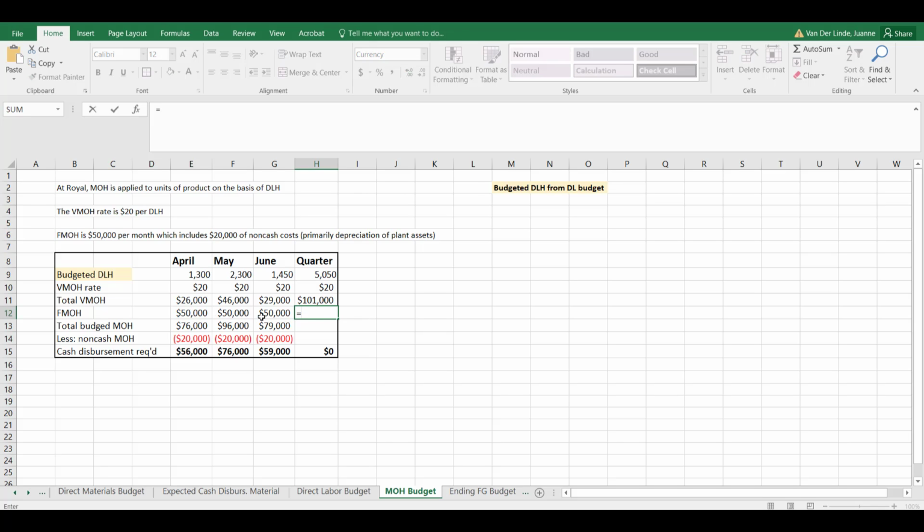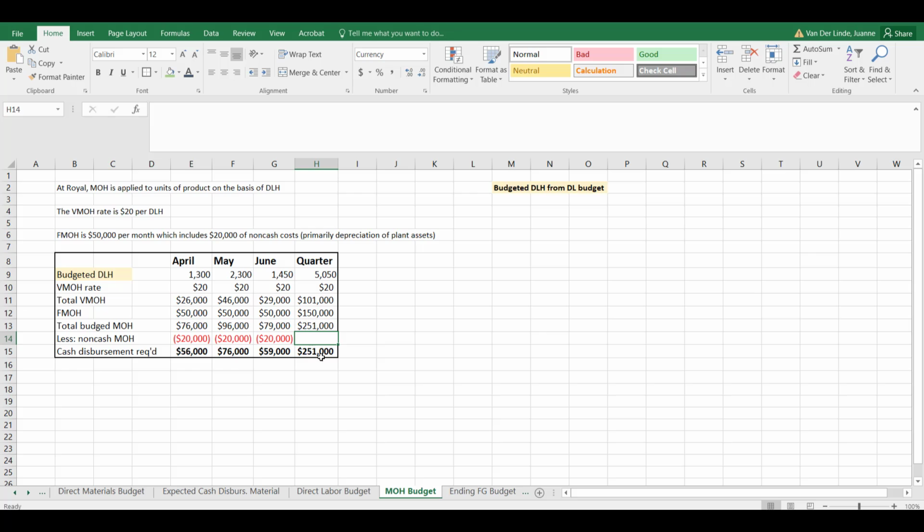Remember, there's 3 months in a quarter, so it's not just 50,000, but 150,000, because we do 50,000 times 3 there. So we have variable overhead of 101,000 estimated for the quarter and fixed overhead of 150,000 for the quarter. So the total budgeted overhead for the entire quarter would simply be the 101 plus the 150, which is 251,000.